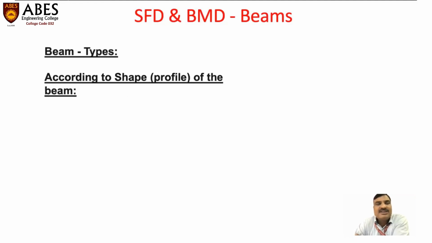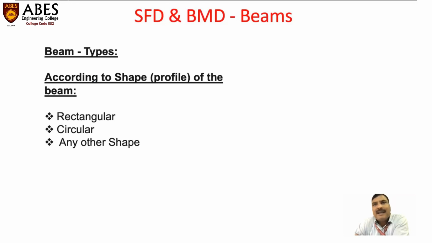The second classification is according to the shape. We can have a beam of rectangular, circular, or any other shape which is required by the design or required by the look of that particular thing which we are designing, and which we are supporting with the help of the beam.